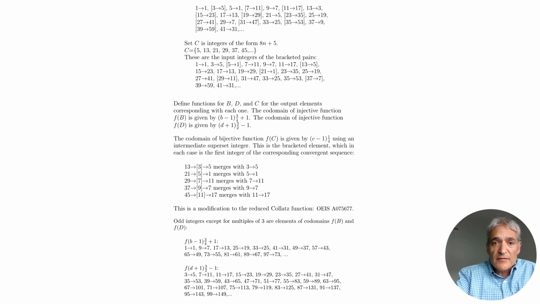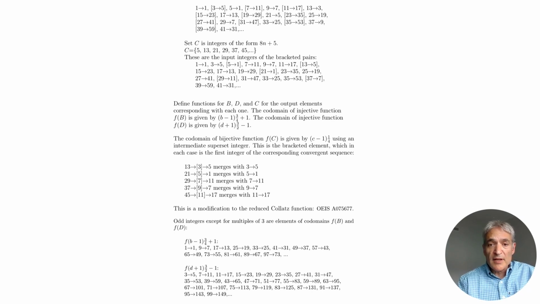Define functions for B, D, and C for the output elements corresponding with each one. Well, the codomain of injective function B is given by B minus 1 multiplied by 3/4 plus 1. The codomain of injective function D is given by D plus 1 multiplied by 3/2 minus 1.